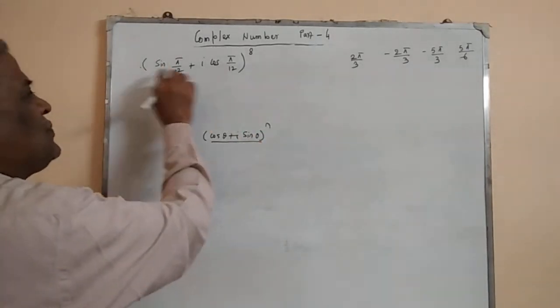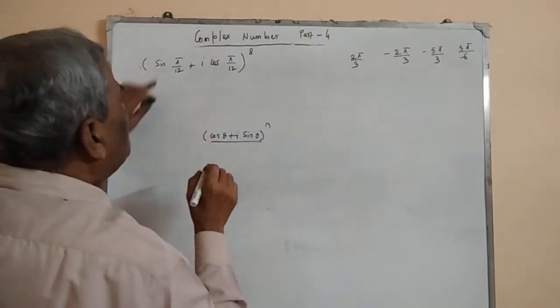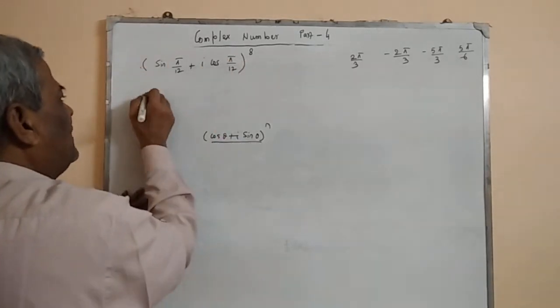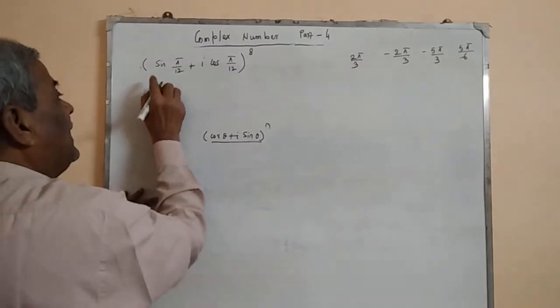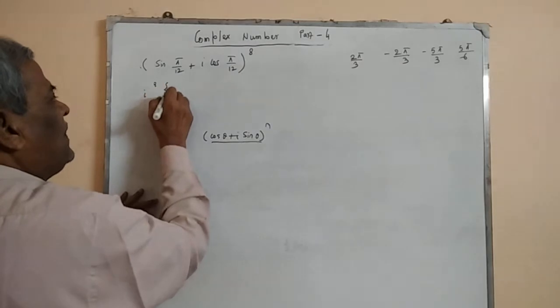Now, this is not of that type. To arrange it into that type, take i common, so i to the power 8 is taken common from there.